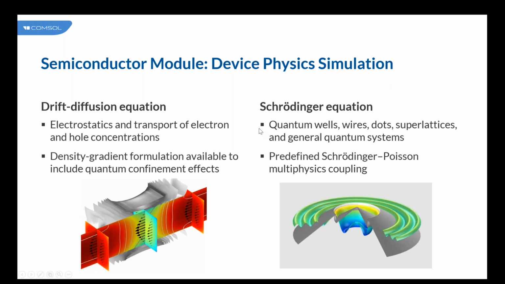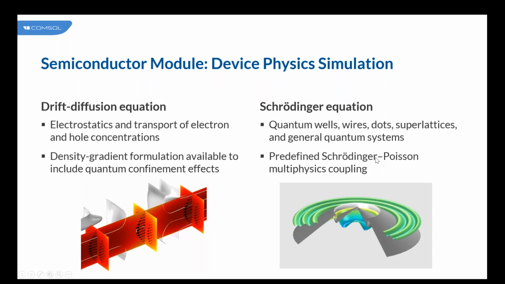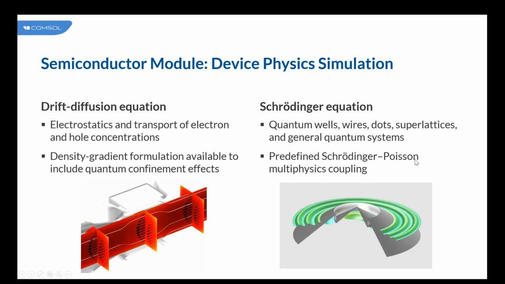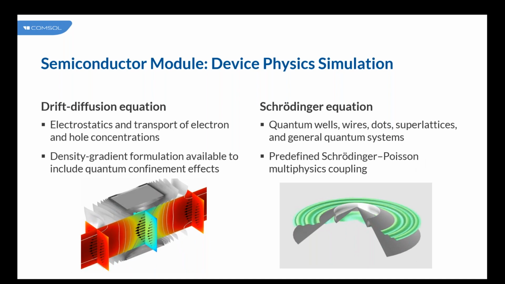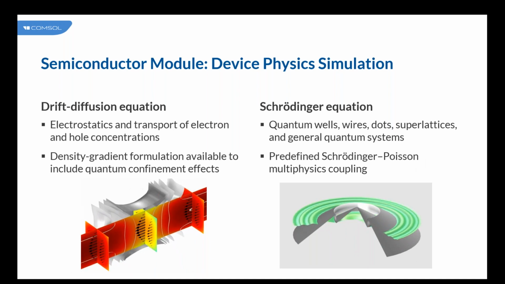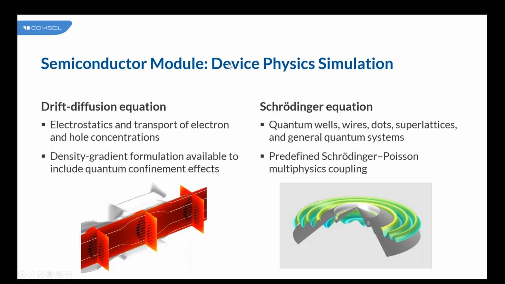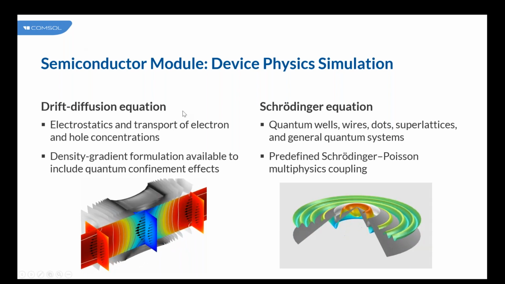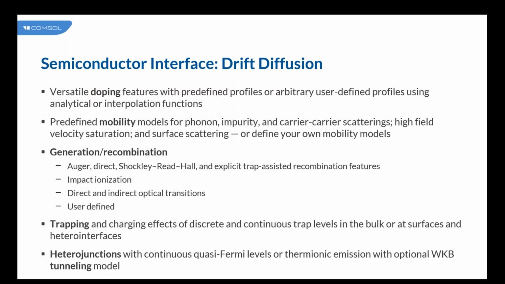And also we support the coupling between the Schrödinger equation and the Poisson equation, so you can get the electron density and potential energy distribution. So today we'll focus on this interface, the drift diffusion interface features.